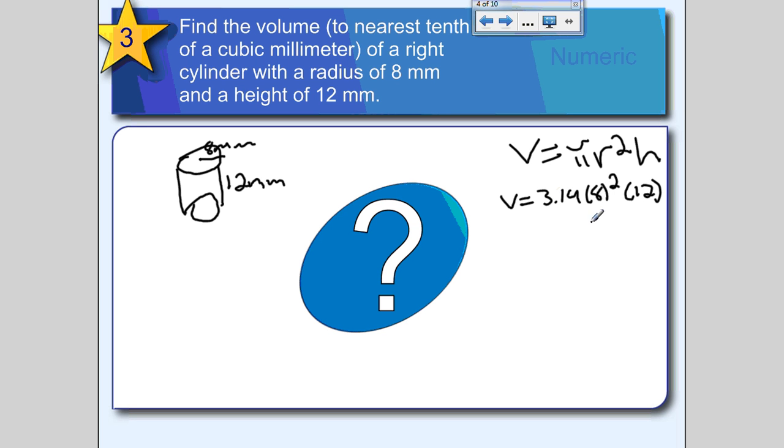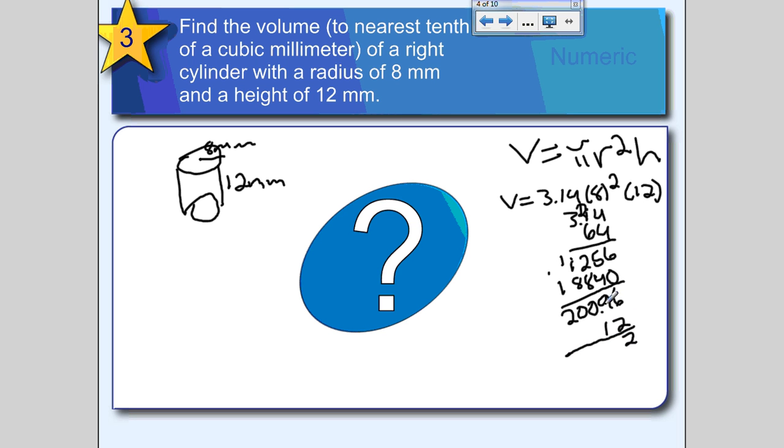8 squared is 64. Then 3.14 times 64 is 200.96. Now 200.96 times 12.